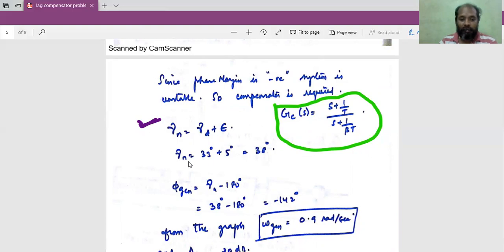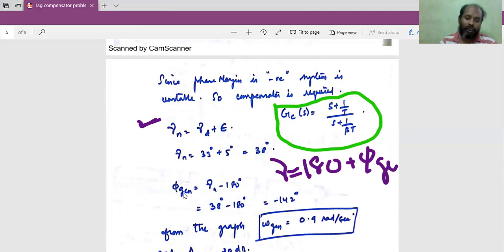From this gamma n, using your phase margin formula, find out what is φGCN, because gamma is equal to 180 plus φGC. So using this, you try to find φGC, the new gain crossover frequency angle. It becomes gamma n minus 180.